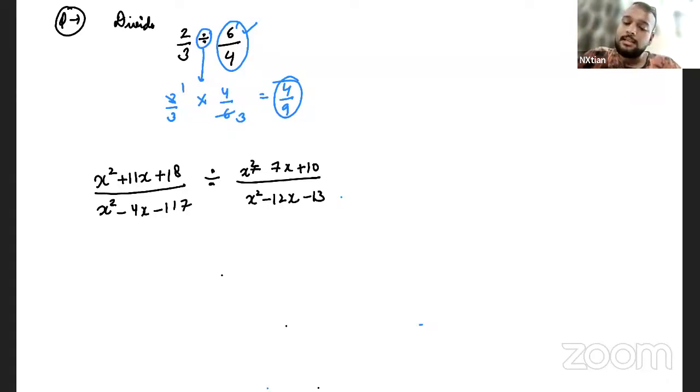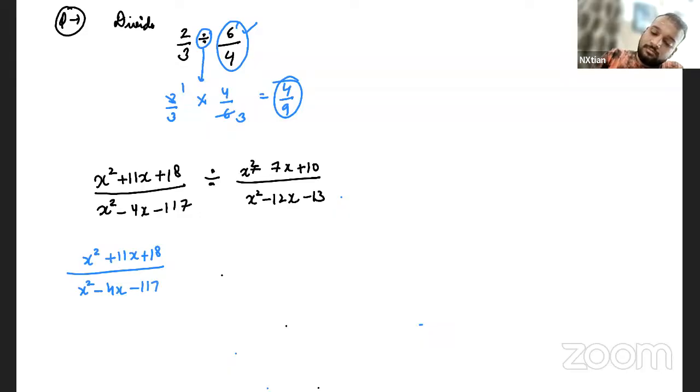If the question is like this, then what will you do? First step is to write the reciprocal form. So it will become like this. So it will become ulta fulta. Means the numerator will become denominator and denominator will become numerator. So it will become like this.